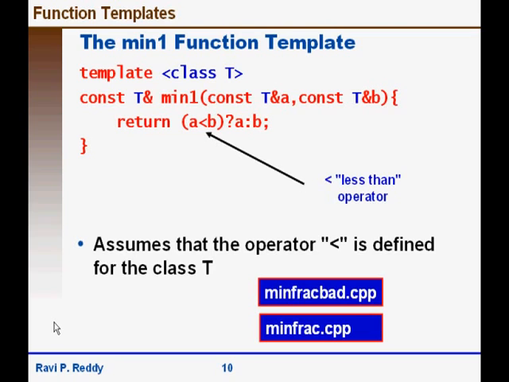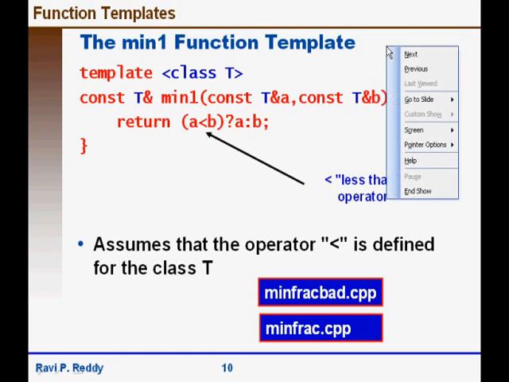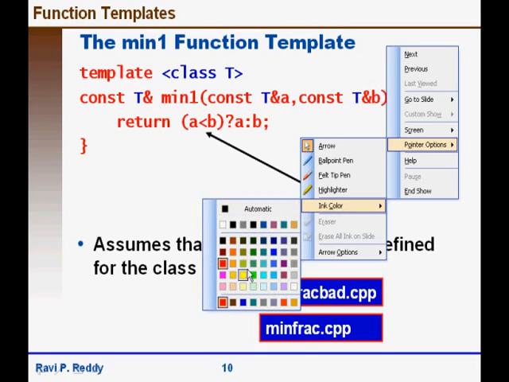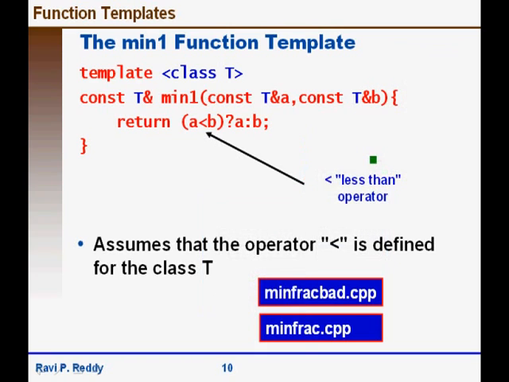Let's look at the min1 function template. Here's the min1 function template. It takes two arguments a and b, and here's the code. Whatever be the type of the objects a and b, we are doing an operation a less than b.